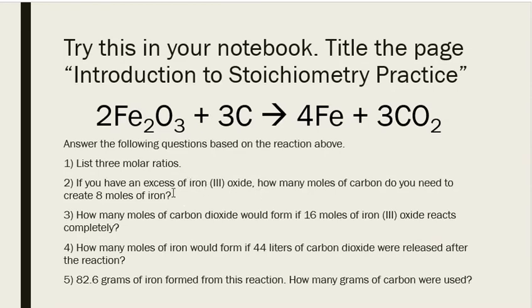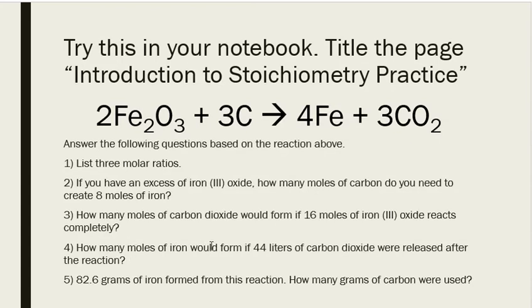So you need to think about what's given, what conversion factor you're going to use, and be sure to set it up so that you cross off your units. The other ones are pretty similar to this one. Again, how many moles of carbon dioxide would form if 16 moles of iron(III) oxide react completely? Think about what you're given, your molar ratio, and what conversion factor you'll use, and set it up so that your units cancel out.